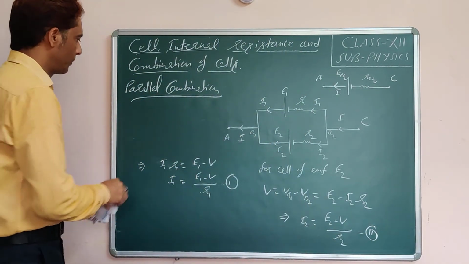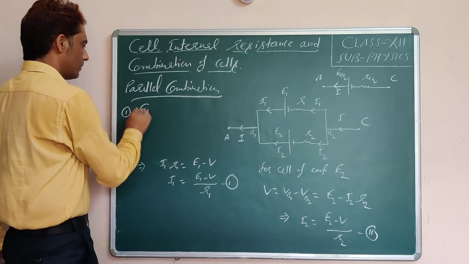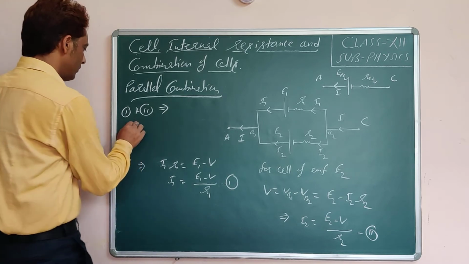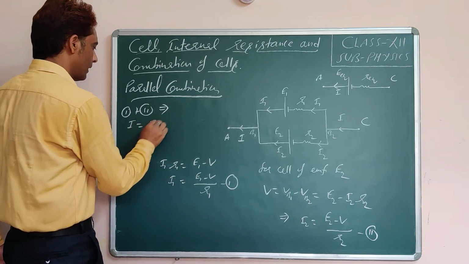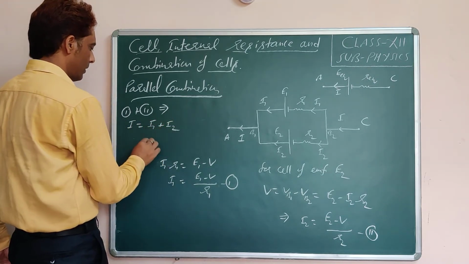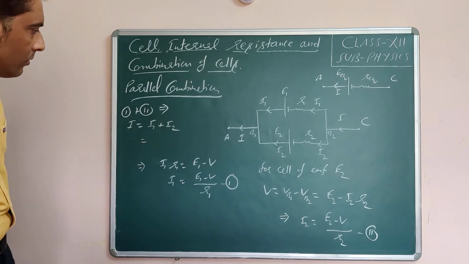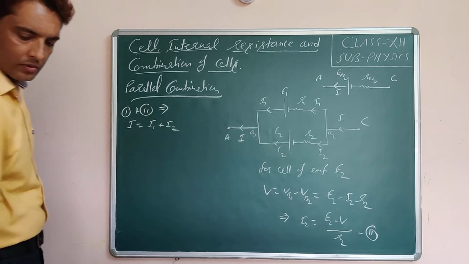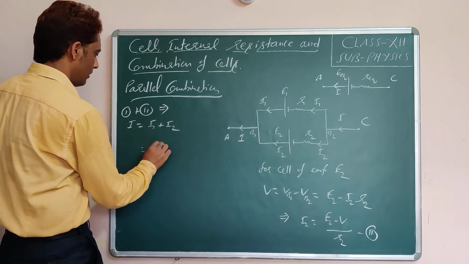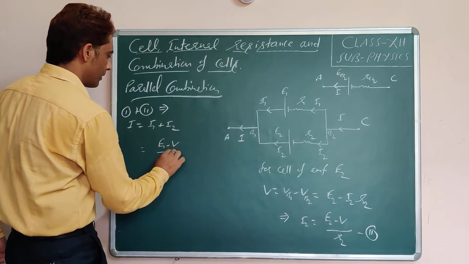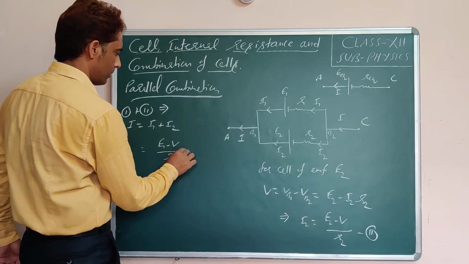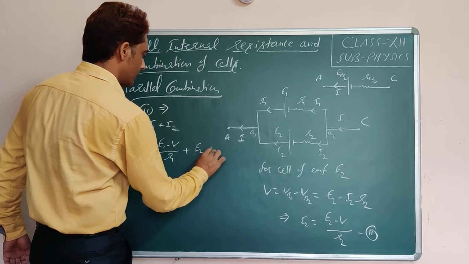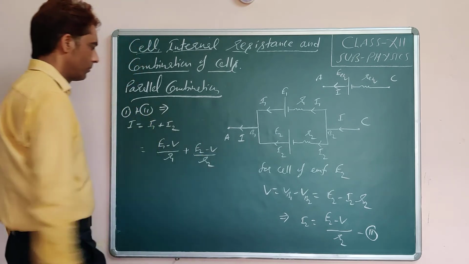So 1 plus 2 implies I is equal to I1 plus I2, and that is equal to E1 minus V over R1 plus E2 minus V over R2.